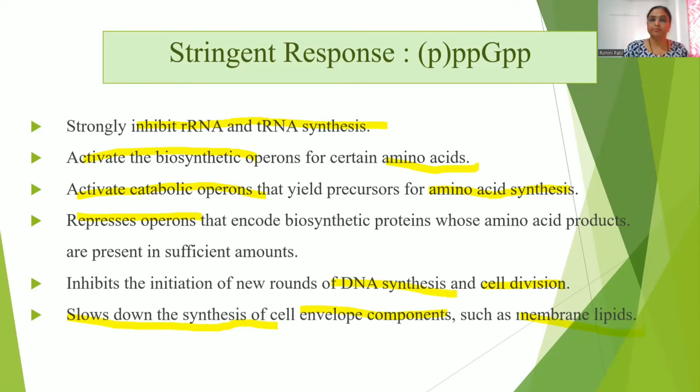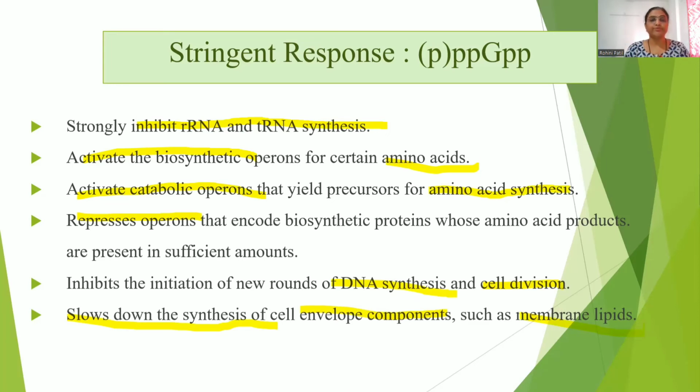Suppose lysine is depleted, in a smaller amount in the cell. At that time, there has to be synthesis of lysine. And for lysine synthesis, there is a need of what? There is a need of enzymes. At that time, for enzyme synthesis, there is a need of amino acids.